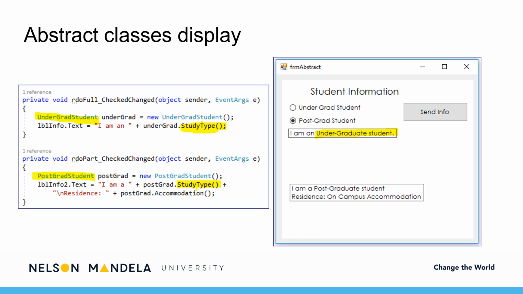Remember, this method was an abstract method, therefore it must appear in this class. And this one was a virtual method, therefore you had the option of either implementing the method or not. We did not implement that method over there, so that is why you are able to say, yes, this one has on-campus residence.